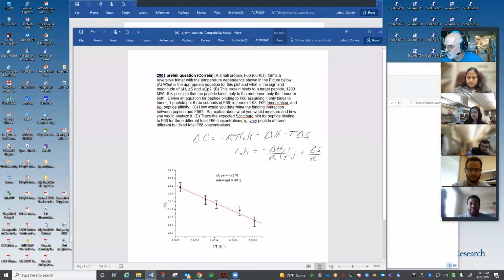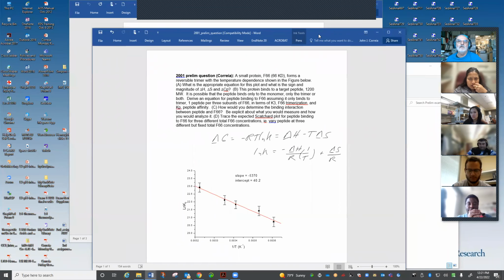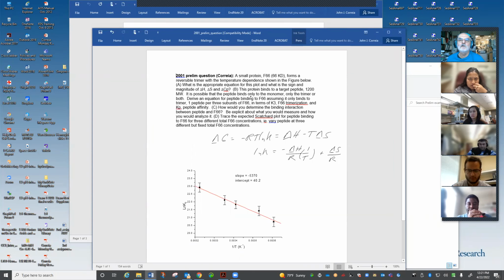And so maybe these two questions could and should be on the agenda. I could assign it for later, but a lot of you guys are sort of behind in your homeworks anyway. So if I said to you right here and now, binds to a target peptide, it's possible a peptide binds only to the monomer, only to the trimer, or both.